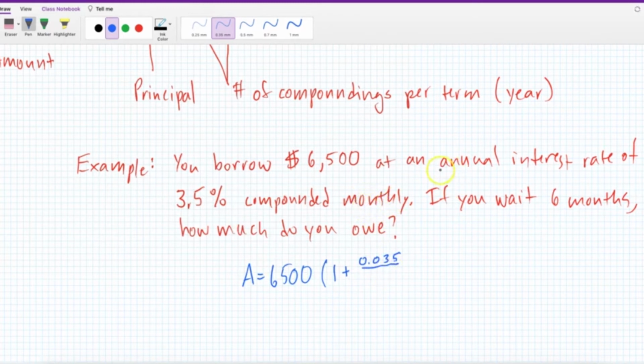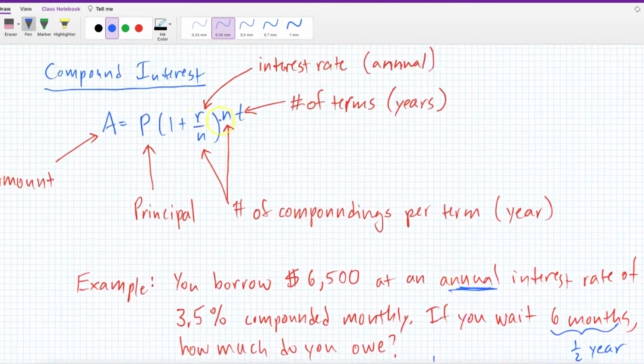Okay, so it's an annual interest rate, compounded monthly. And since there's 12 months in a year, that means the number of compoundings per year is 12. Okay, the number of compoundings is still 12. And the time, remember, it's got to match here the number of years. So 6 months corresponds to half a year, which means T equals 1/2.